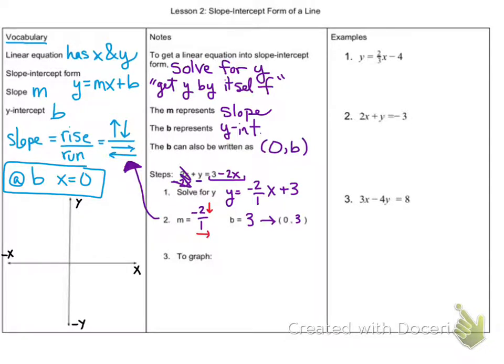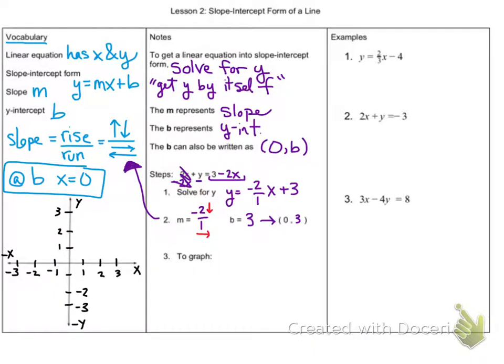Let's see, we'll put some numbers on here, 1, 2, 3, 1, 2, 3, -1, -2, -3. That's -1 up there. I just don't have room for it.